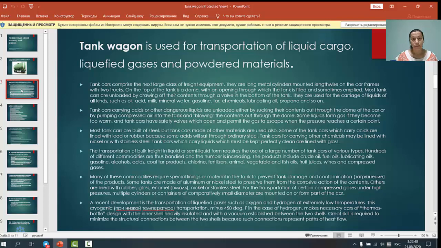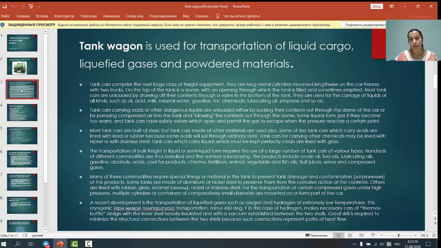Tank cars carrying acids or other dangerous liquids are unloaded either by sucking their content out through the dome of the car or by pumping compressed air into the tank and blowing the contents out through the dome.